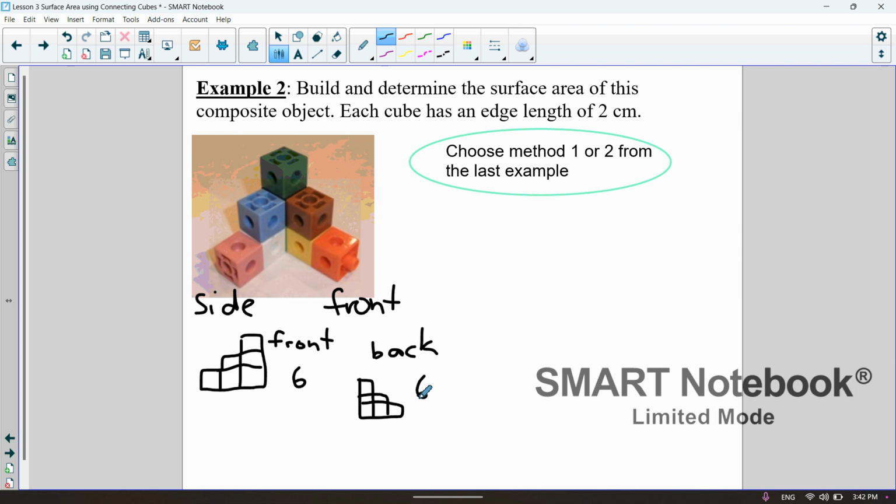Then I'm going to look at it from the side. Now the side kind of turns into that same shape. This is the side. So that's 6, and then the other side is going to have 6 as well. I'll draw it out.